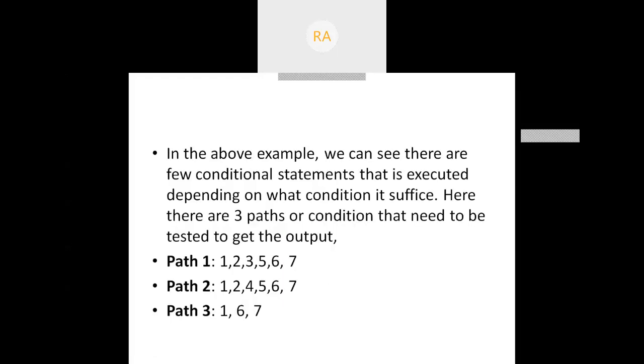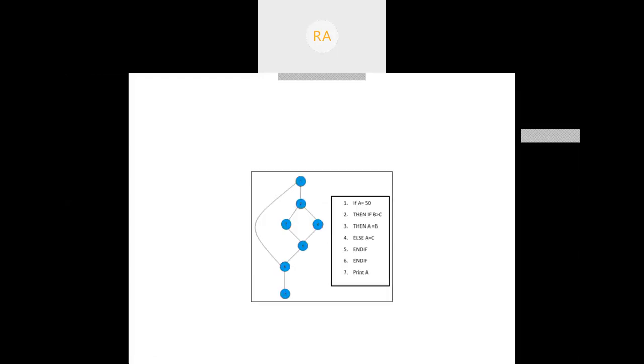What are the possible paths which I can test here? Everybody focus. One path can be from node 1 to 2, from 2 to 3, 3 to 5, 5 to 6, 6 to 7. This is one path. Another path can be from node 1 to 2, then 4, then 5, then 6, then 7.